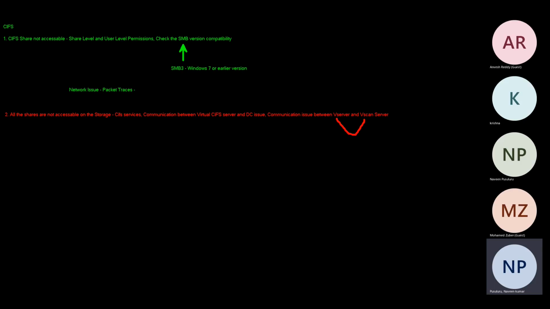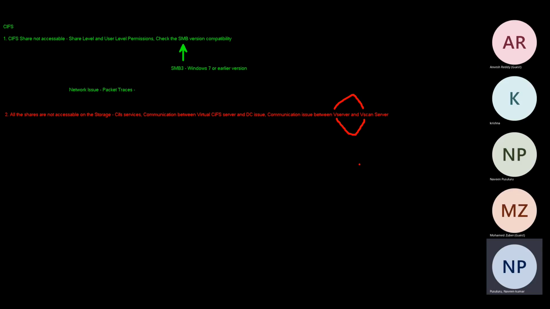It will scan there, and only then will the connection be sent to the vServer, right? But as there is an issue in the communication between your vServer and antivirus scanning server, vScan server, it will not allow you to access the shares. As the antivirus server is not reachable, the CIFS protocol will not allow you to access the data inside the shares.